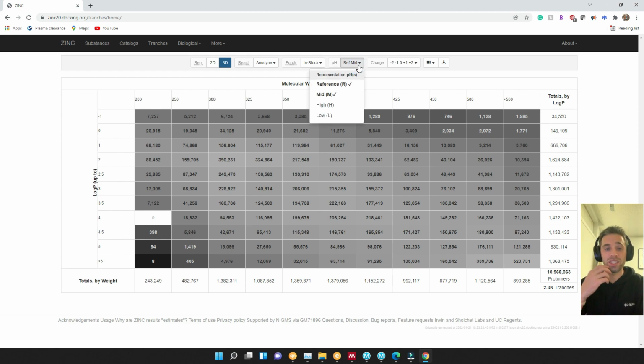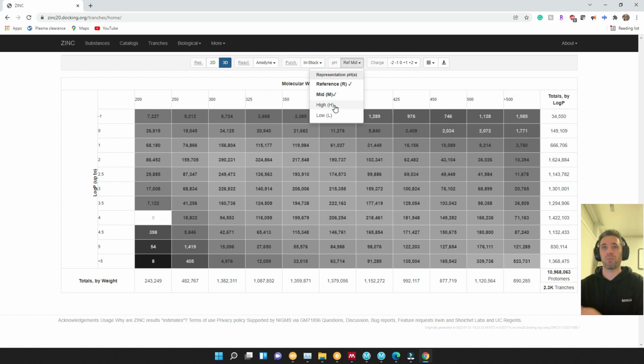pH has to do with the pH range of the molecule, being that we're going to put this molecule in a biological system. We want that molecule to be at reference pH, which is around 7.4.